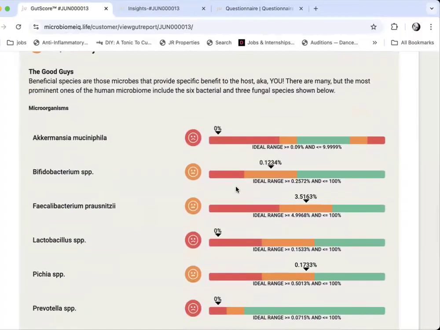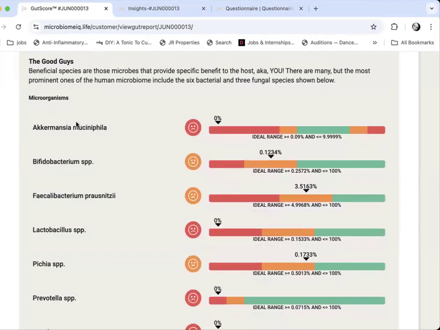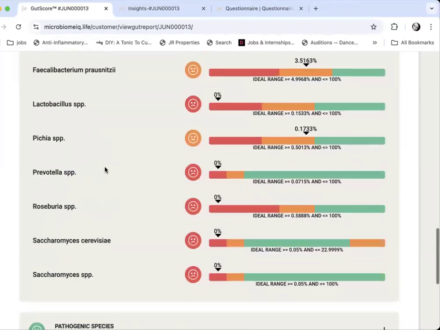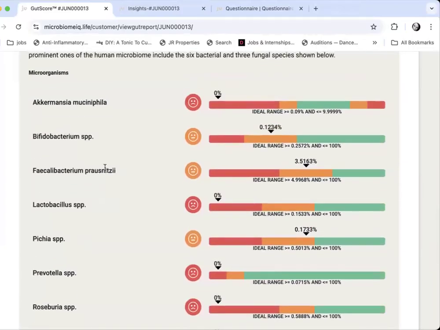So I would be talking to them about getting more prebiotics in the diet, about consuming more fermented and probiotic foods. I would be talking to them about getting more polyphenols in the diet through colorful fruits and vegetables, and antioxidants, to make sure that all three of those interventions are feeding all of these beneficial bacteria and fungi as a whole.